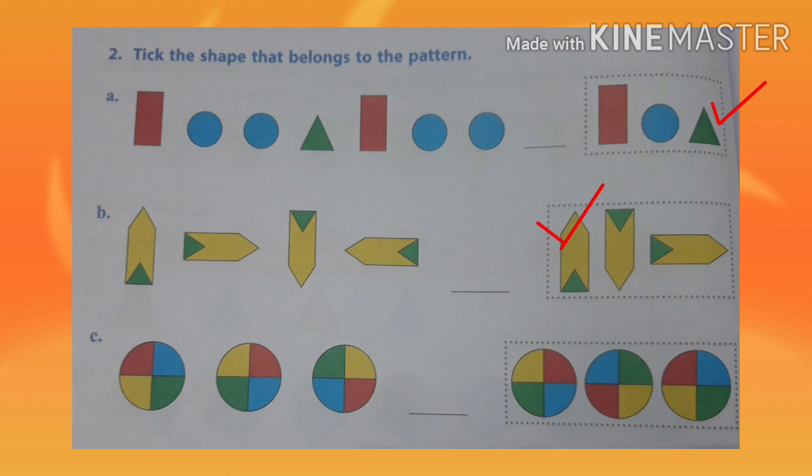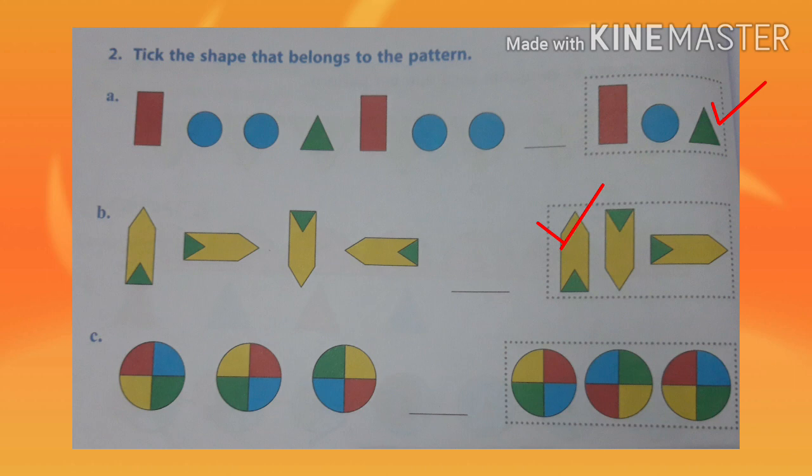Yellow. Then comes red. Then comes blue. Then green. The next circle, green is coming first. Then yellow. Then red. Blue. So, which color will come next in the next circle? Yes, blue. Blue will come first.